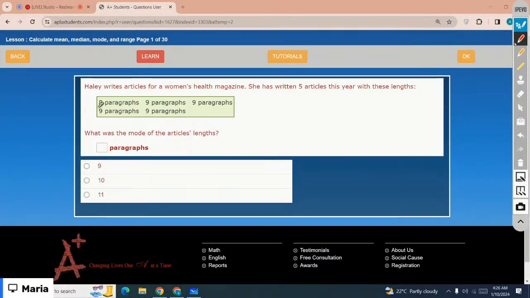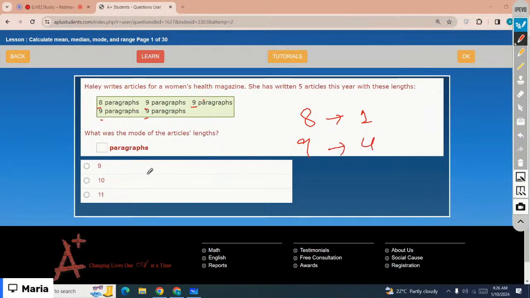The values are 8, 9, 9, 9, and 9, right? You have to see which value appears the most in the given data. Mode is the value that appears the most in the given data. So you have just two numbers, 8 and 9, right? 8 appears one time and 9 appears 1, 2, 3, 4 times in the data, right?